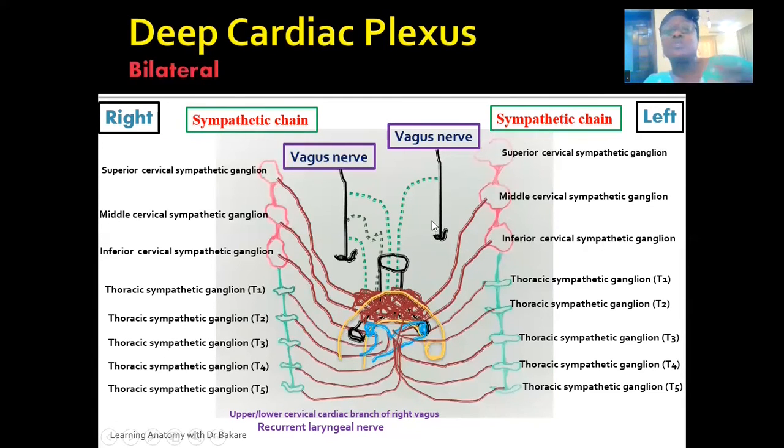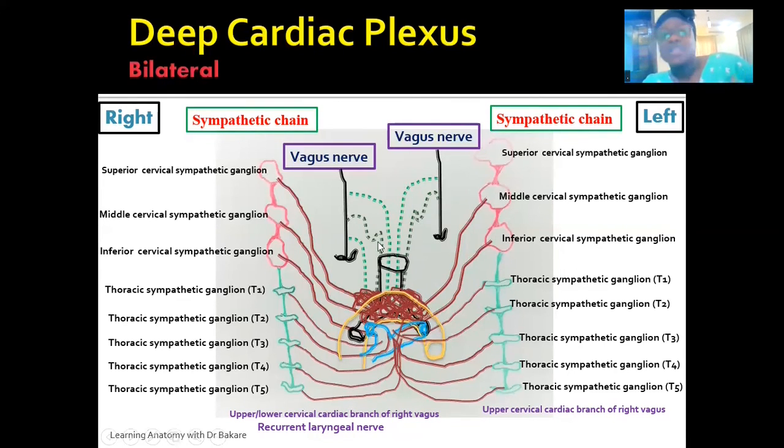So this is not going to be used in the formation of the deep cardiac plexus. So what we only have on the left side is the upper or the superior cervical cardiac branch of the left vagus nerve. Then we also have the recurrent laryngeal nerve. So this is the recurrent laryngeal nerve here highlighted in black. So you can see that the branches that are taken up in the formation of the superficial cardiac plexus will not be involved in the formation of the deep cardiac plexus. You can see how interesting this is.